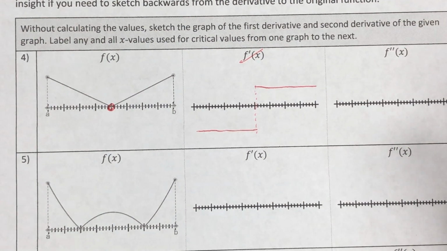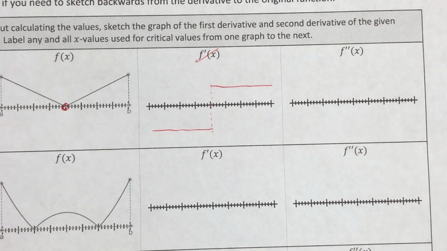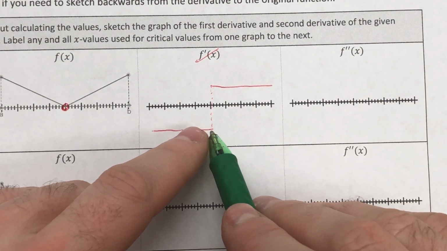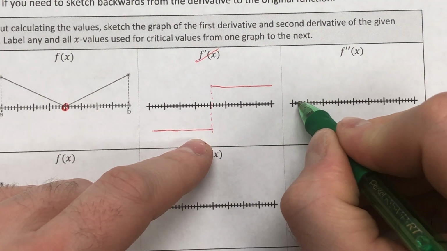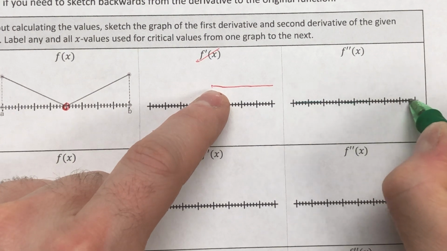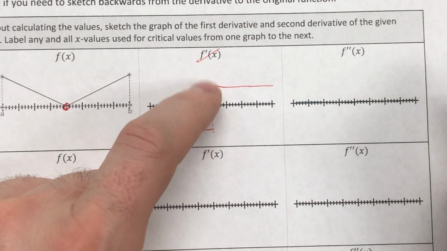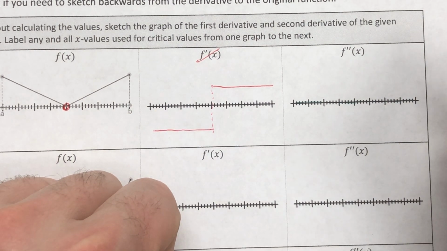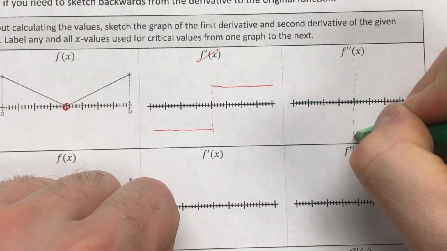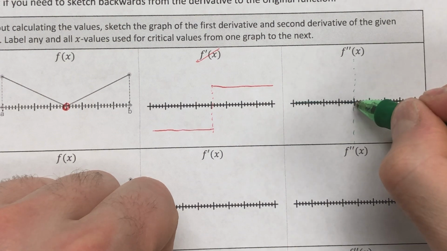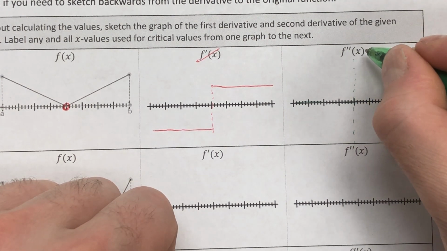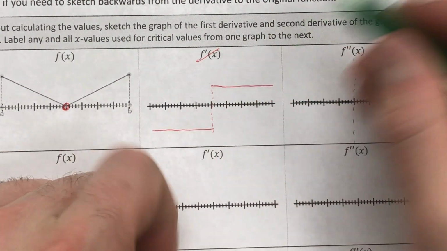Now, if I were to take the derivative of that, I would do the exact same thing. I would say, okay, what is the slope right here? 0. What is the slope right here? 0. What is the slope at that point? Well, technically, isn't that infinity? So I would have to suddenly have the graph shoot off towards infinity and shoot off towards infinity, which I know won't work because is it positive or is it negative?